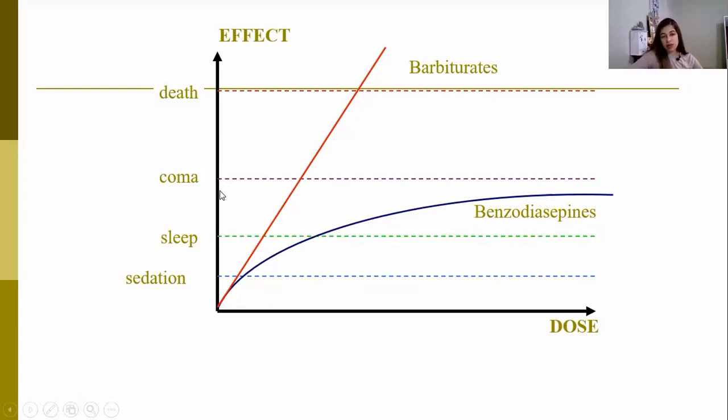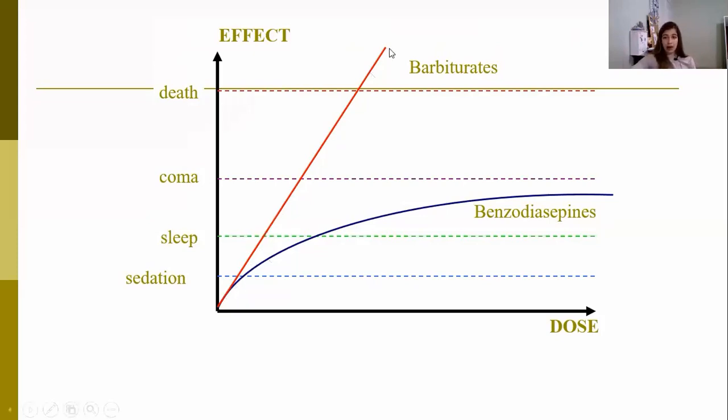Okay, so from these graphs, you can see that barbiturates and benzodiazepines have different dose-effect dependence. Yes, absolutely different. In case of barbiturates, it is much easier to overdose the drug and reach the toxic doses.